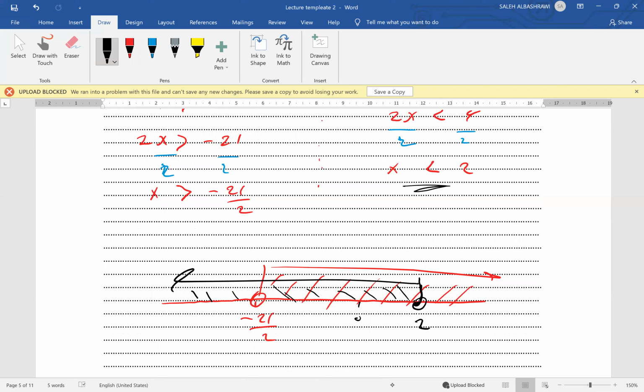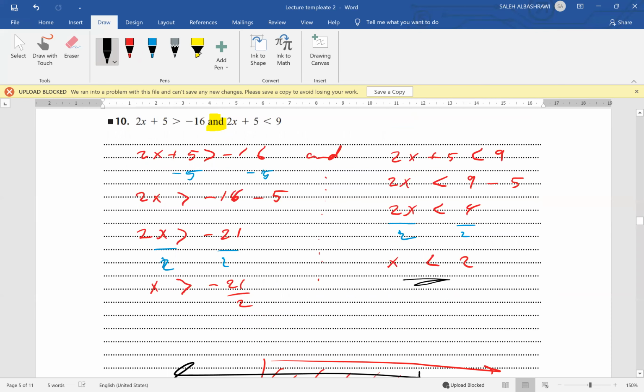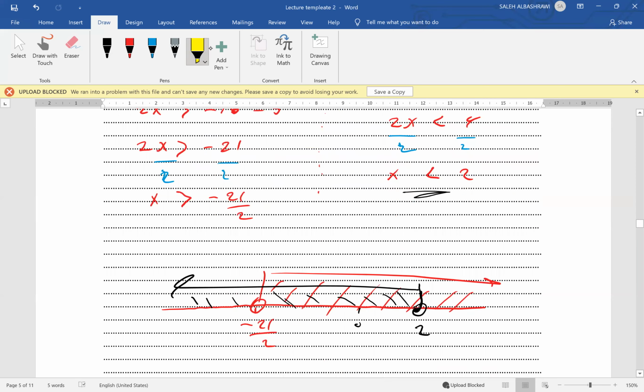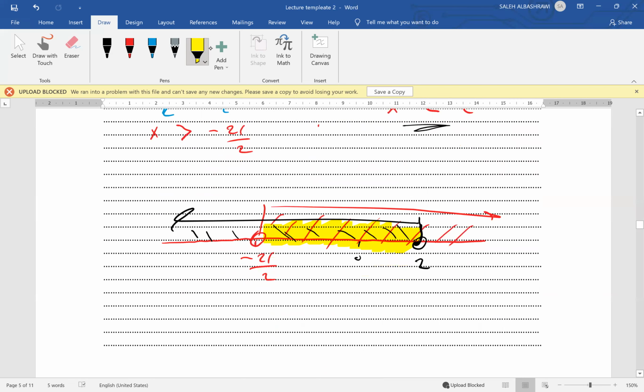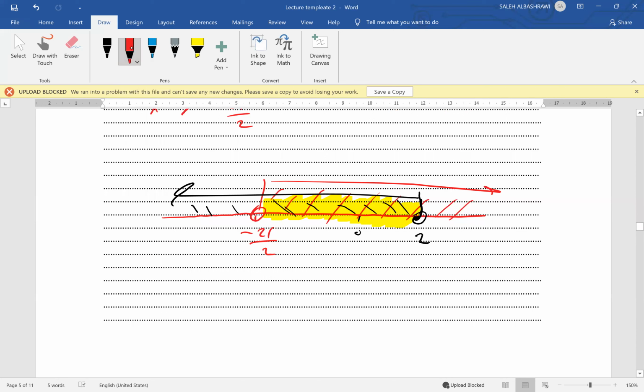Now I have two inequalities. The solution set for the first one is x greater than minus 21 over 2, and the second one is x less than 2. Since we have this word "and", we are looking for the intersecting area, the common solutions. And we can see the common part is this part. So we can say the solution set for this compound inequality will be x, where x is between minus 21 over 2 and 2.